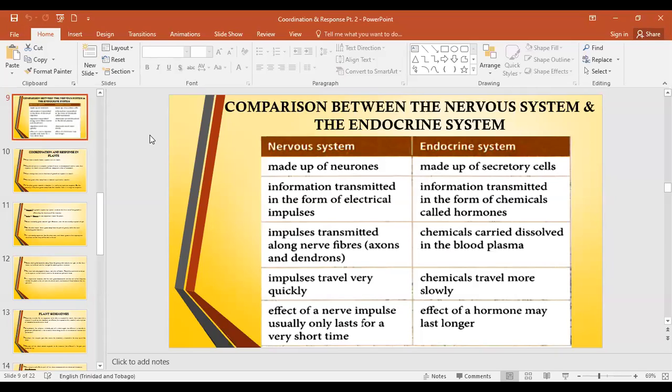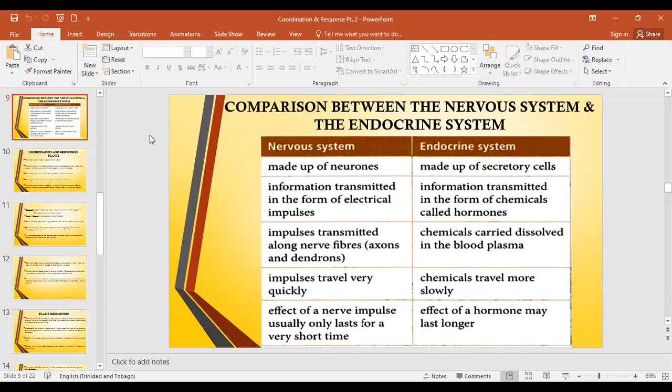But they are different in the sense that your nervous system is made up of neurons, while your endocrine system is made up of secretory cells which secrete hormones. Your nervous system involves information being transmitted in the form of electrical impulses, whereas your endocrine system transmits information in the form of chemicals called hormones.